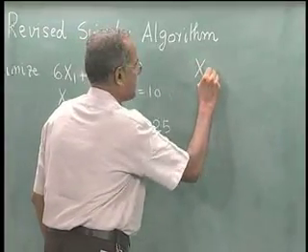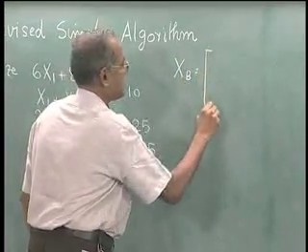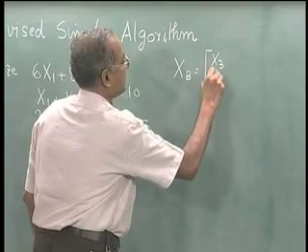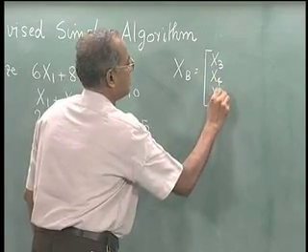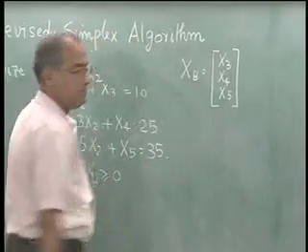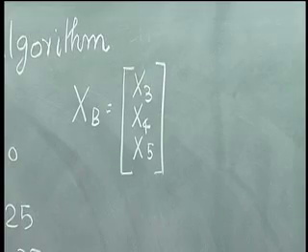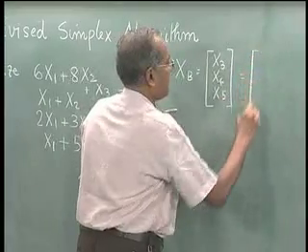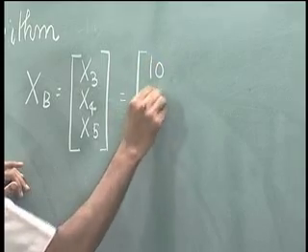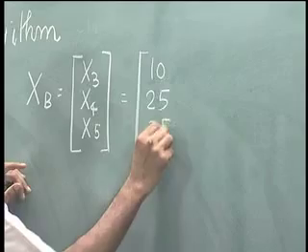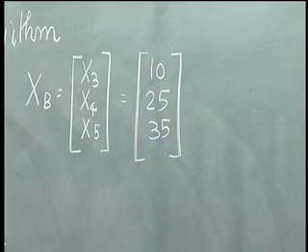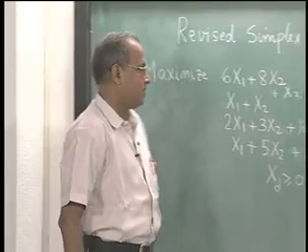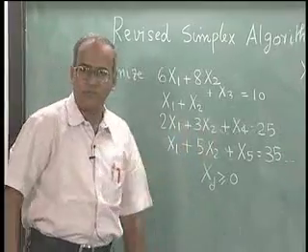So, we say xB, the set of basic variables, is the set x3, x4, x5 and they will have values 10, 25 and 35. There are 2 non-basic variables which are x1 and x2.